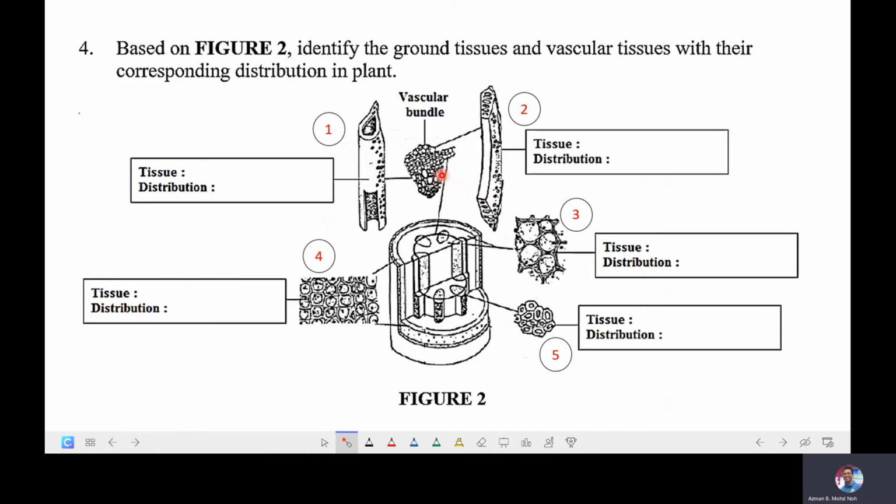Meanwhile, the upper part of the vascular bundle will be having smaller vessels, and that will normally be the phloem tissue. So structure number 1 will be the xylem tissue, which we can find in the stem, the root, and also the leaf of the plant. Structure 2 will be the phloem, and we can also find this phloem tissue in the stem, the root, and also the leaf of the plant.